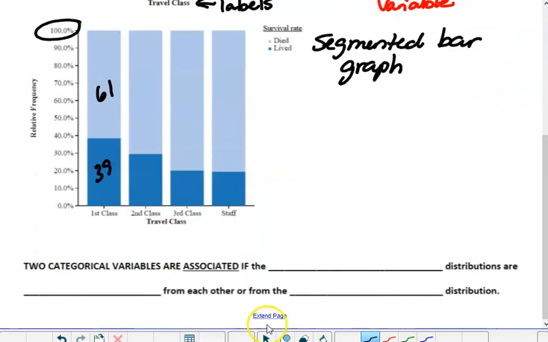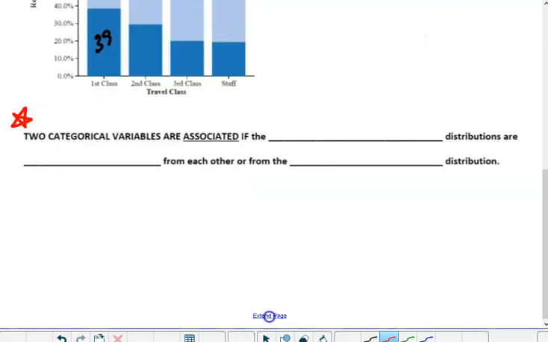Now, I want to define a very, very important term, and that's association between two variables. And we say that two categorical variables are associated if the conditional distributions are different from each other or from the marginal distribution.